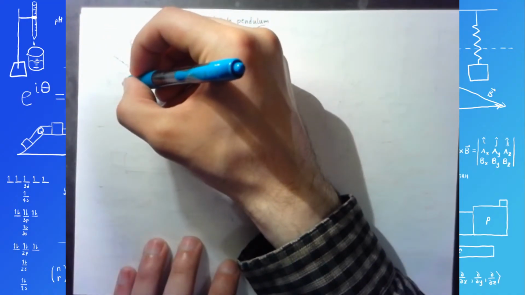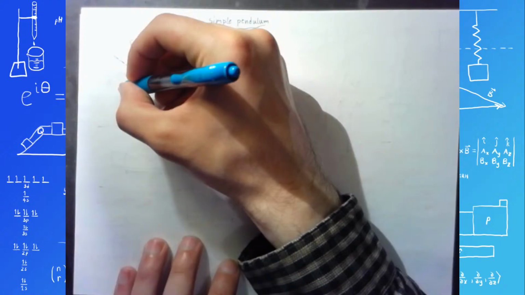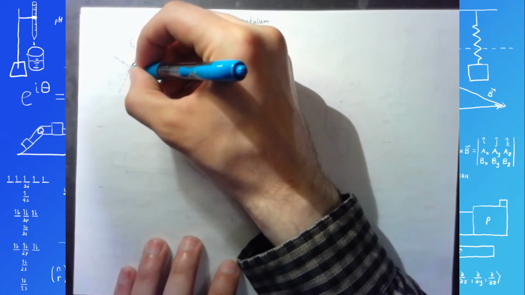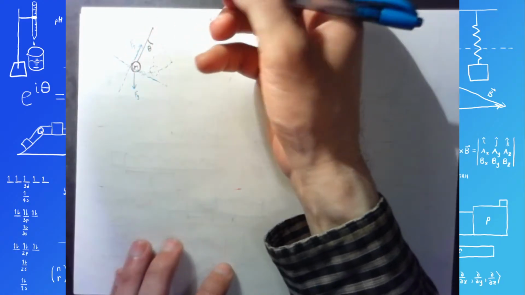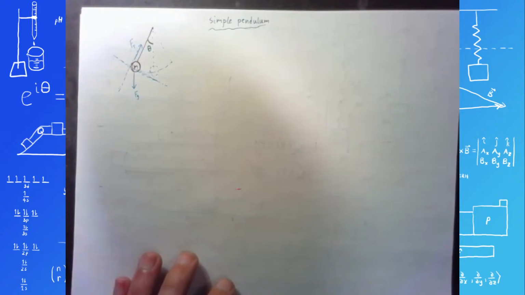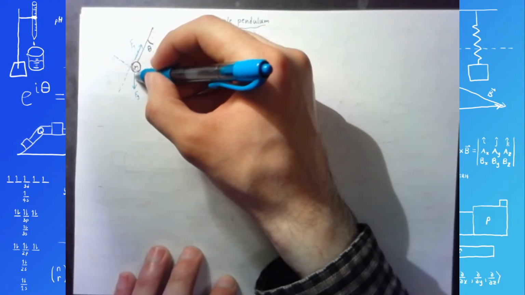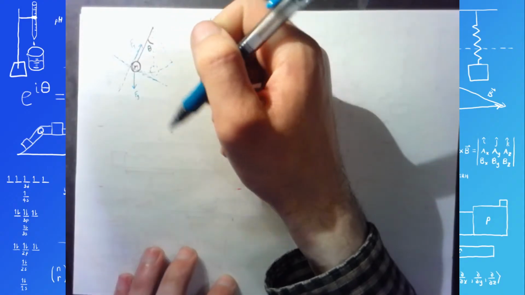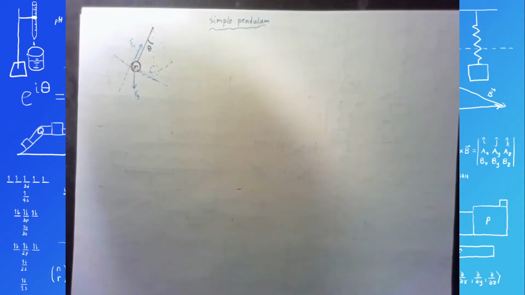And then our other axis is perpendicular to that. It's going to be parallel to the tension force. And I want to break this force of gravity into components along that new coordinate system.